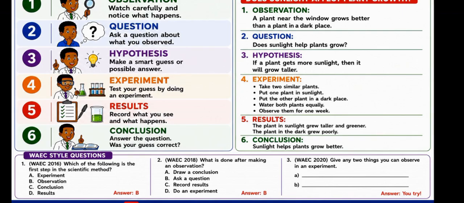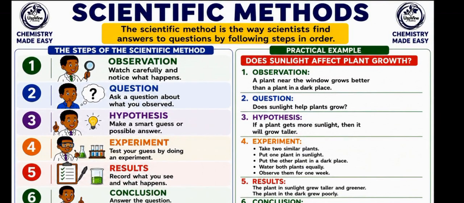Now, we're going to look at a practical illustration. A practical illustration is that of: does sunlight affect plant growth? Number 1, observation. You observe a plant that receives direct sunlight grows better than the one that is in a dark place. Now, question: does sunlight help plants grow?